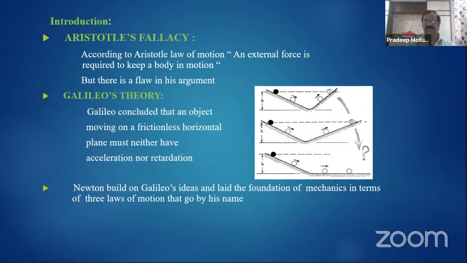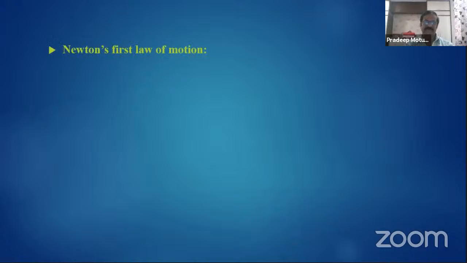Those are called Newton's laws of motion. So Newton proposed three laws: first law, second law, and third law. Now we will discuss Newton's first law of motion.